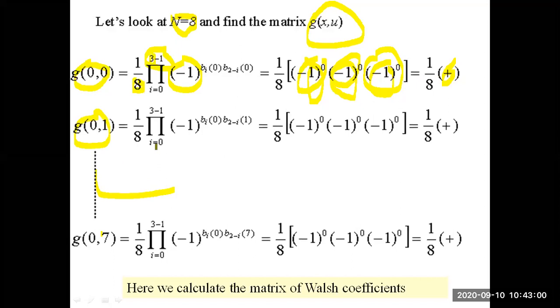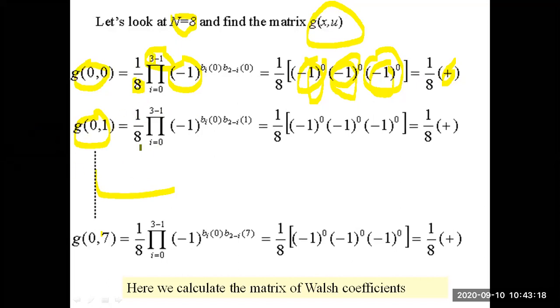Next, similarly, use g of 0, 1. So what happens here? Your value is n comma x comma u. In x comma u, x is 0, but u is changed to 1.